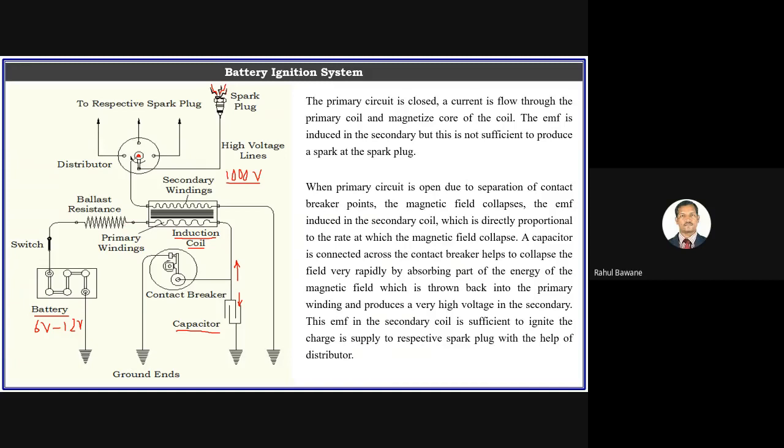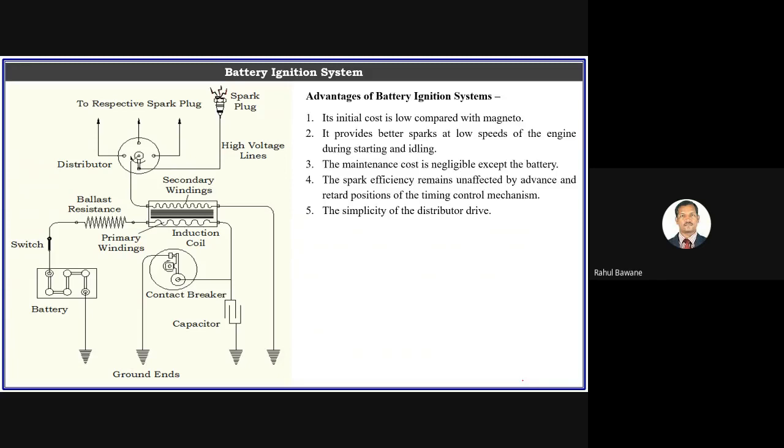Once the current reduces, less current will reach the induction coil, so the induction coil overheating will be controlled. So the ballast resistance is basically for safety purposes, and it safeguards your induction coil from burning or any damage due to overheating.